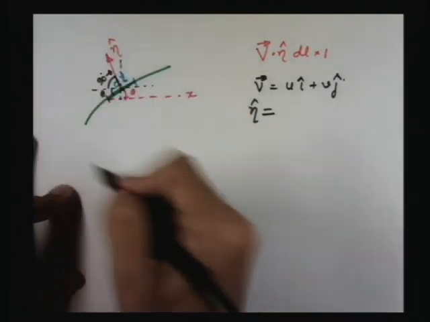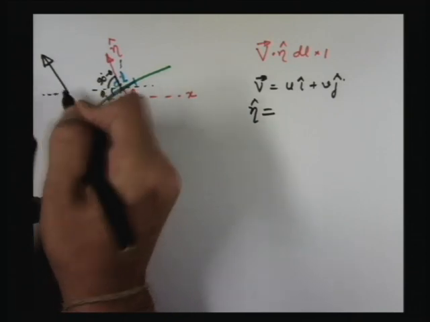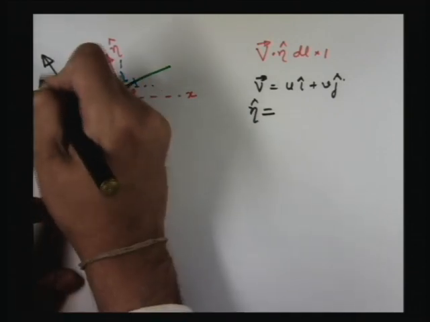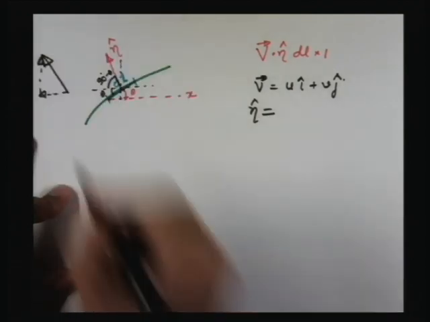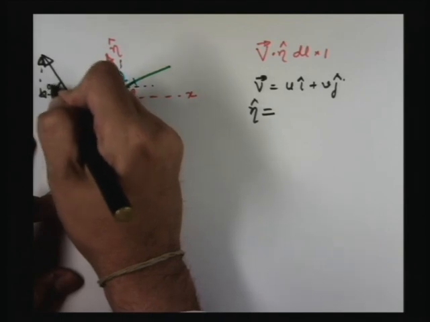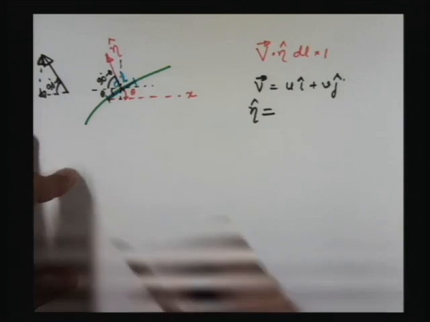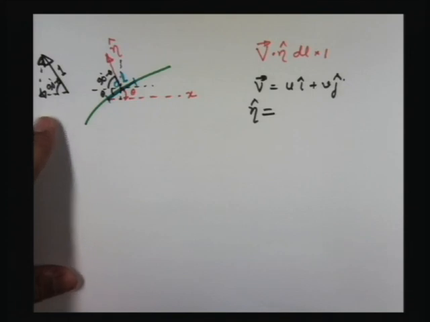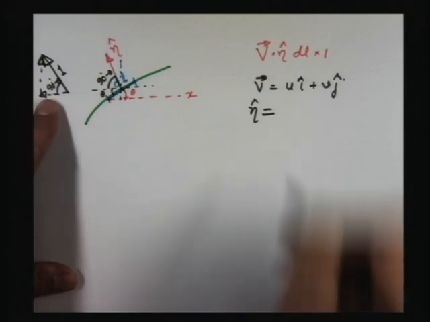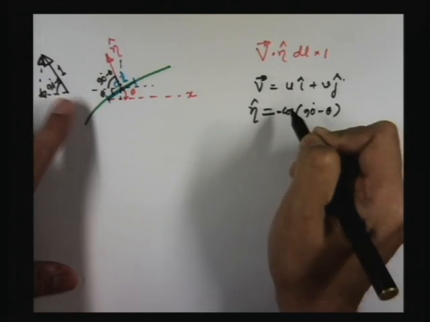So let us draw a clearer picture here. This is the unit vector eta. It has its x component like this, and it has its y component like this. And this angle is 90 degree minus theta. The length of this is 1, because it is a unit vector. So what is the x component? Cos 90 degree minus theta with a minus sign, because it is along the negative x direction.